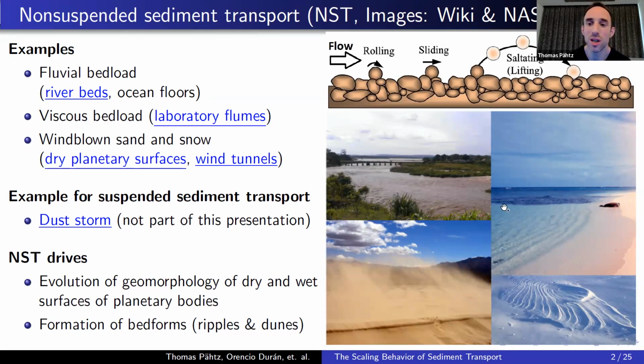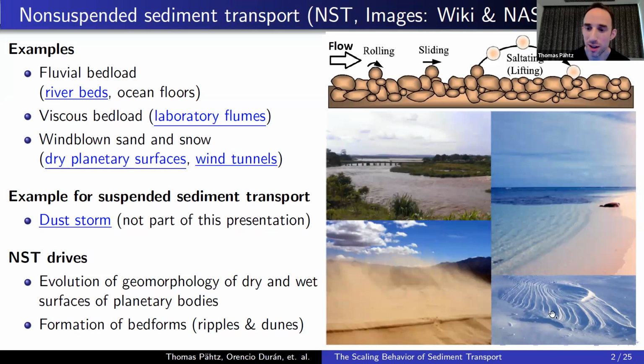So the transport of sediment by water causes the formation of those structures. Here, that is snow. So you have wind-blown transport of snow or ice particles, and they also create some kind of structures, and these structures are commonly referred to as bed forms, and the two most well-known ones are ripples and dunes.